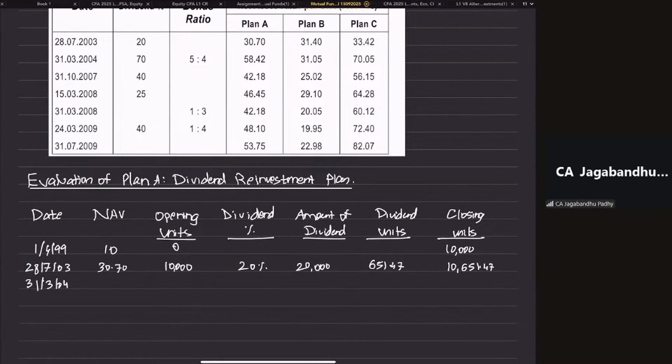March 2004, that time the NAV was 70. The opening units will be 10,651.47. Dividend is 70%, so what will be the amount of dividends?